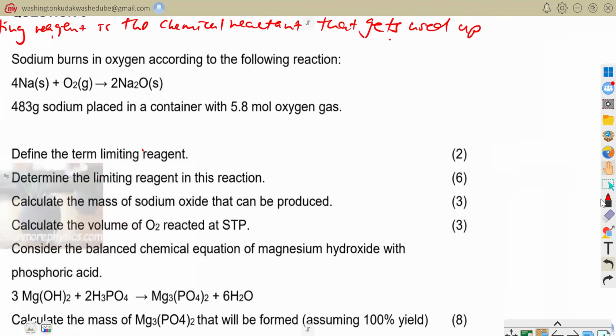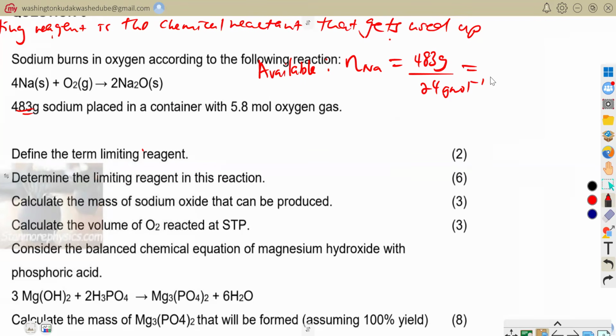So let me show you how we are going to do it. We are going to calculate the available number of moles of sodium. That is the mass of sodium over its atomic mass. The mass of the sodium that is available is 483 grams, and the atomic mass of sodium is 23, so that will be grams per mole.